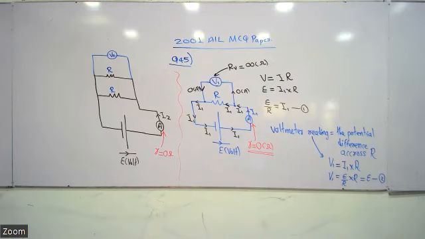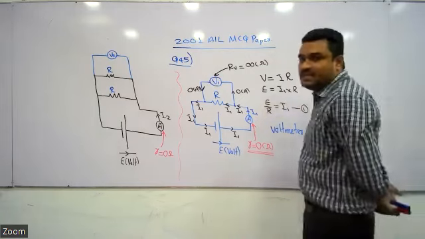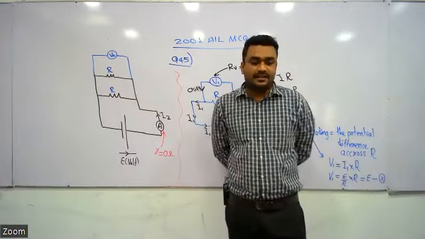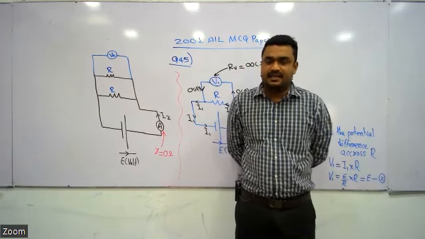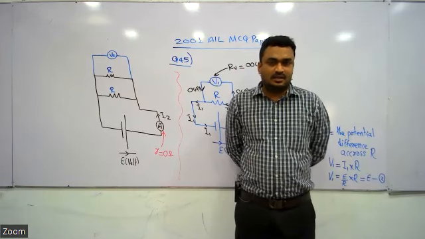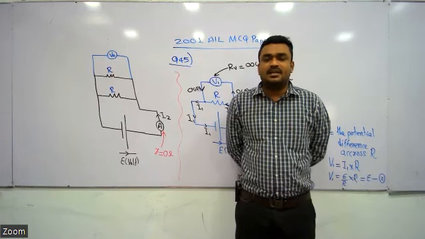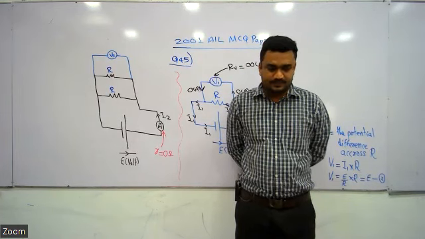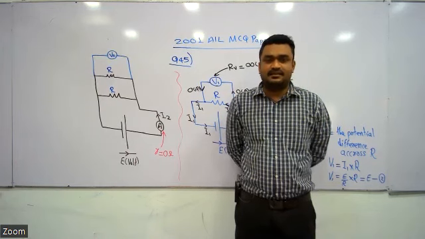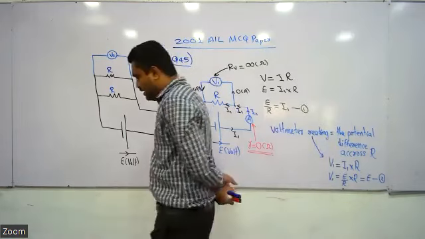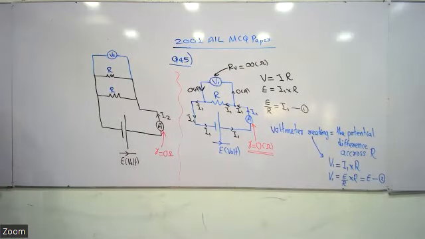The voltmeter is directly connected to the positive and negative terminals of the battery.